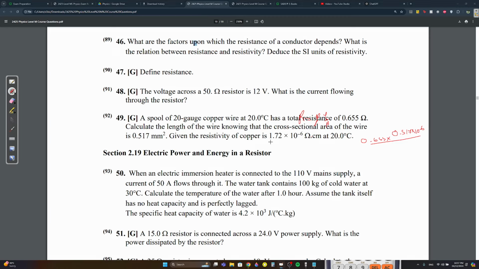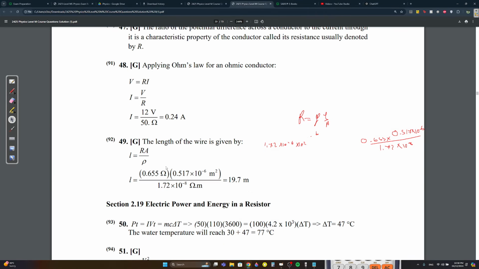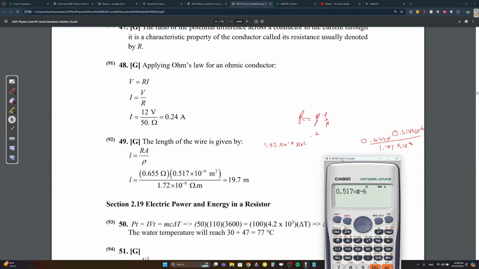You want to change this to meter, so it's 1.72 times 10 to the minus 6 times 10 to the minus 2, because it's in centimeter. I thought it went in the denominator. Anyway, you get 1.72 times 10 to the minus 8. Is that correct? Yes, so we should get the correct answer now.